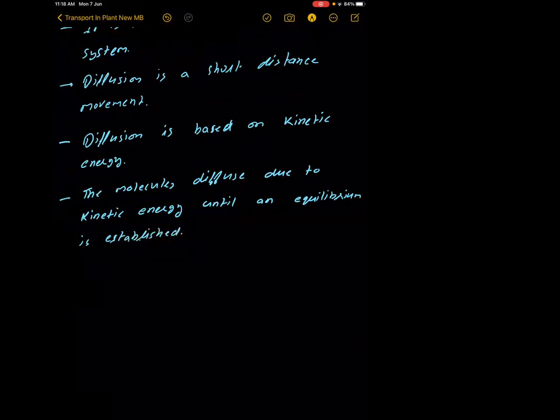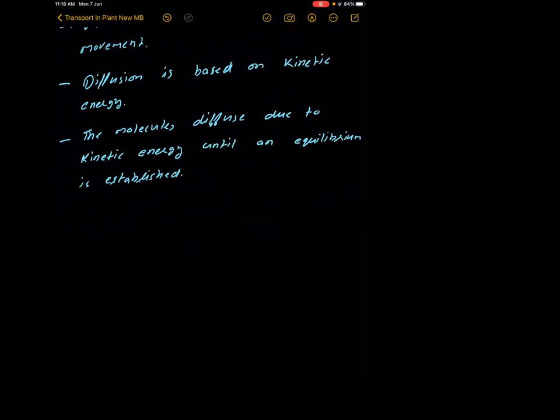So that is called diffusion. Now, diffusion pressure.